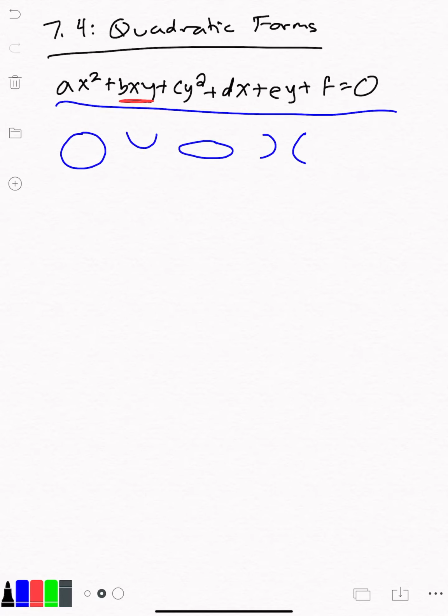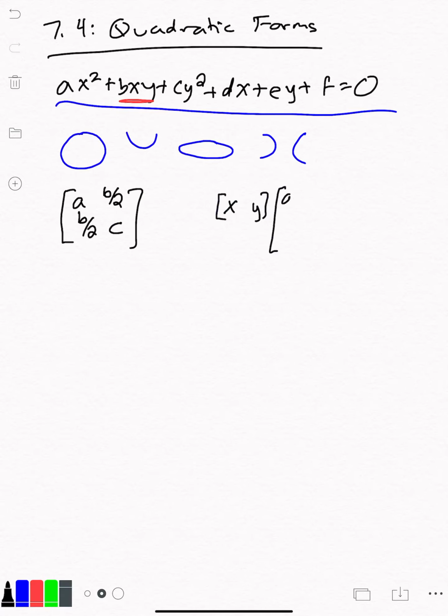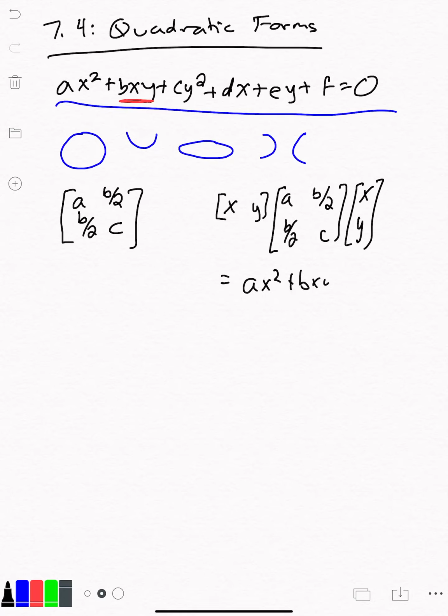we're going to create a matrix, and this matrix is going to have A, B over 2, B over 2, C here. And the reason why it's going to be like that is if you were to do x, y multiplied times this matrix times x, y, what you are going to get is ax squared plus bxy plus cy squared.